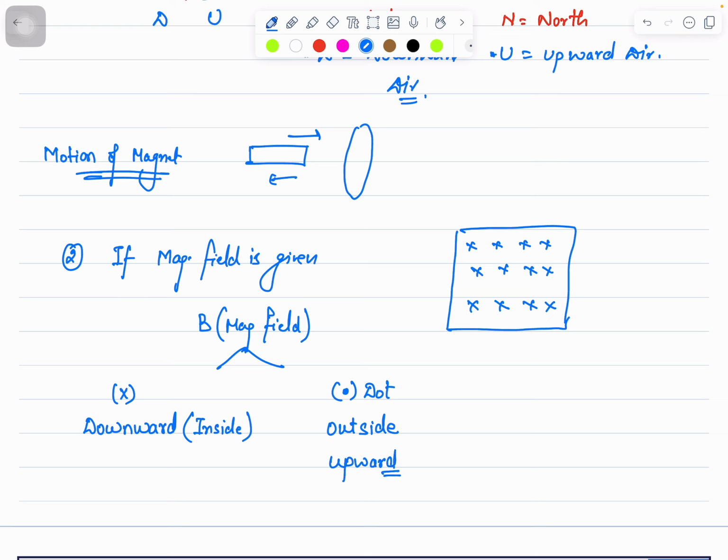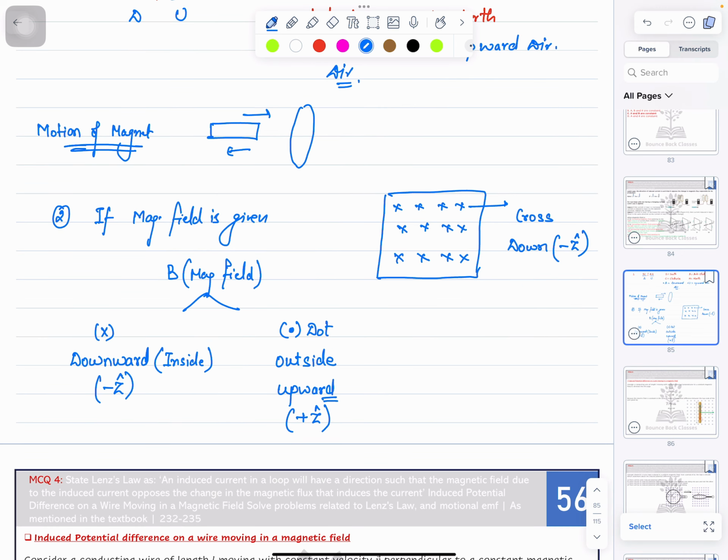Clear? So here the cross means downward, which is the negative z-axis, and the dot is the positive z-axis. Till here clear? You need to understand the technique so that we can apply it.